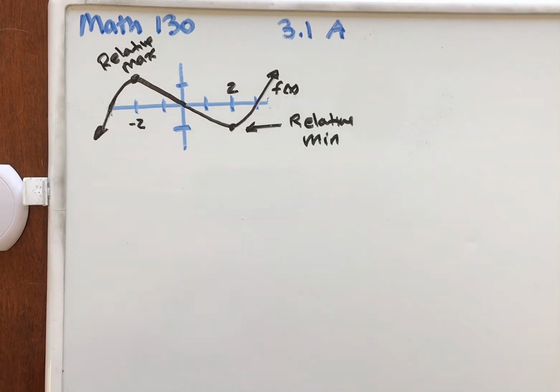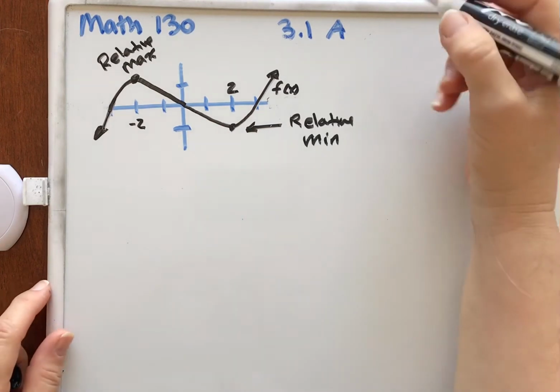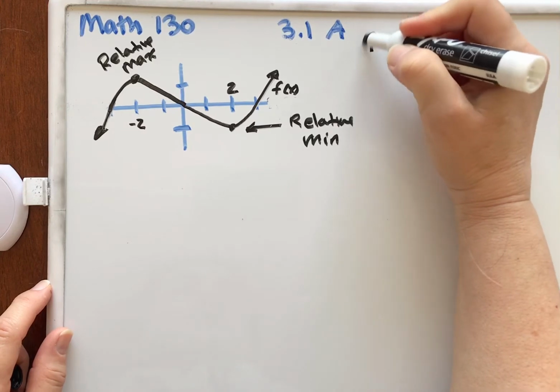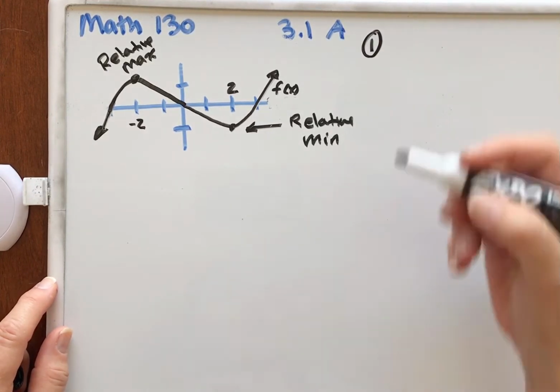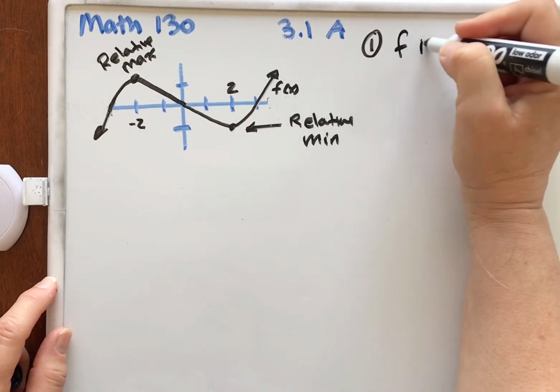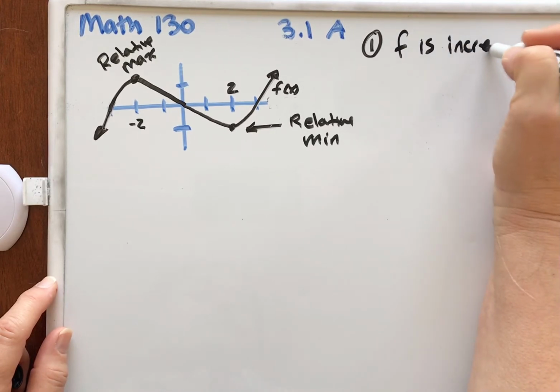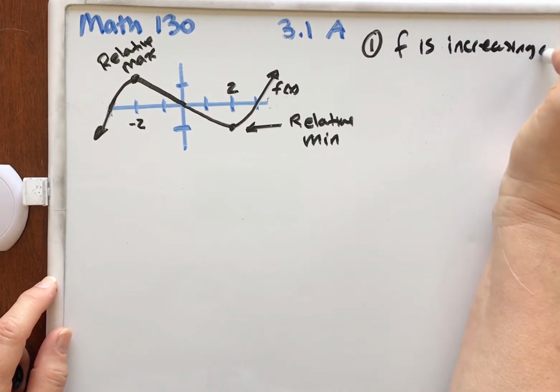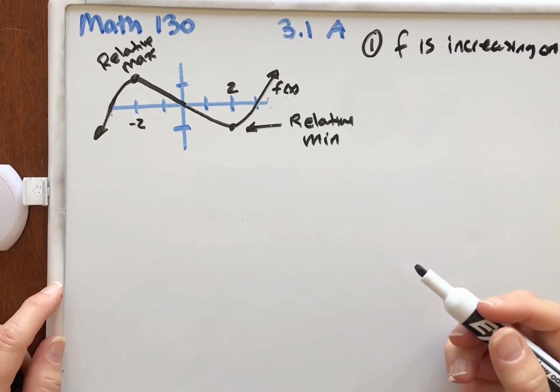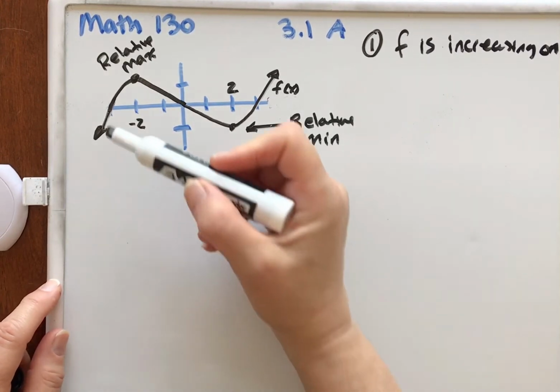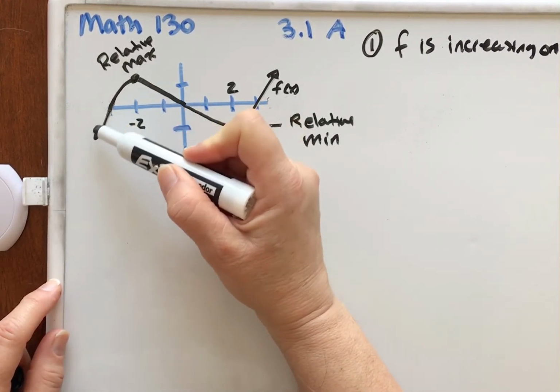Okay, now we're going to look at where f of x is increasing and decreasing. Okay, and we're going to use our interval notation. So I'm going to state f is increasing on. So we look at the intervals, it's increasing. Well, we know from here to here it's increasing.